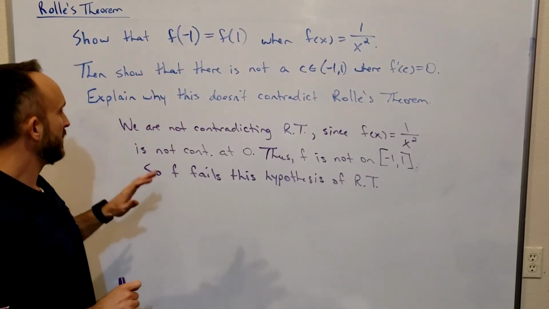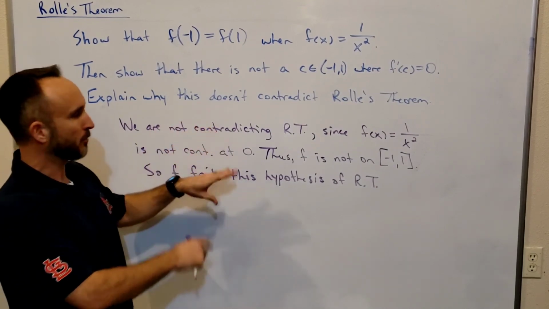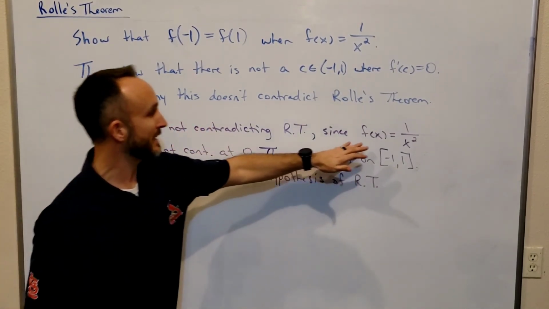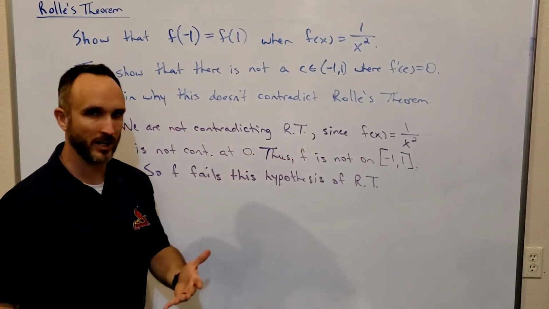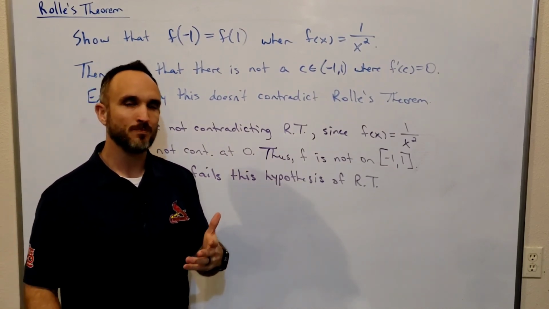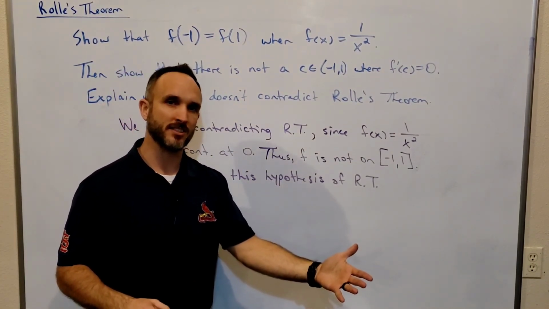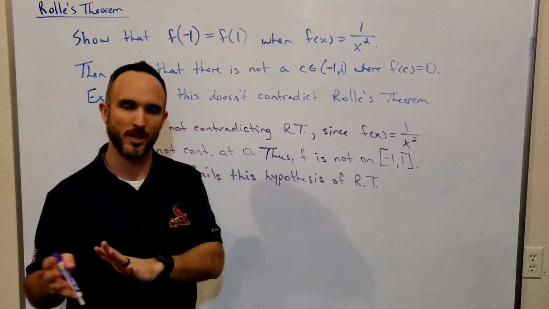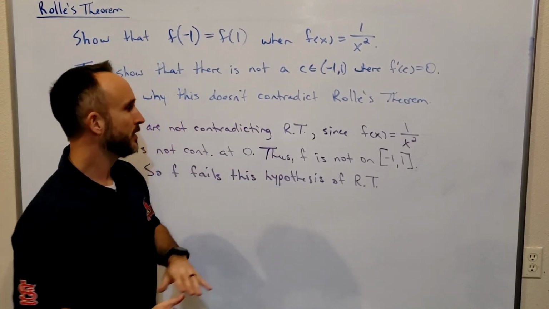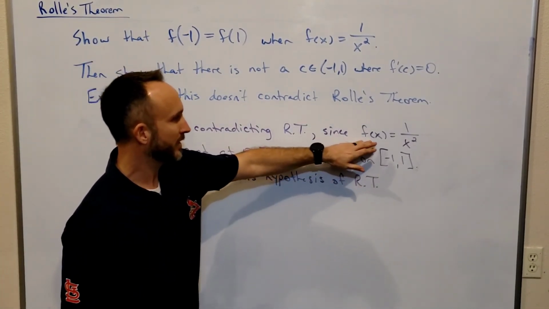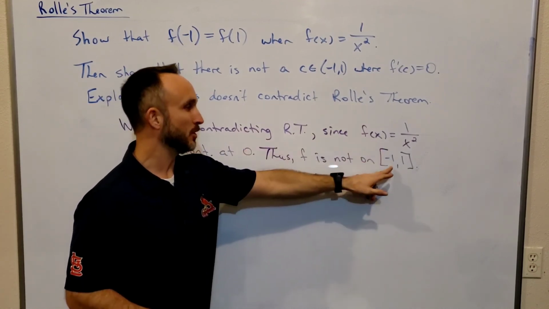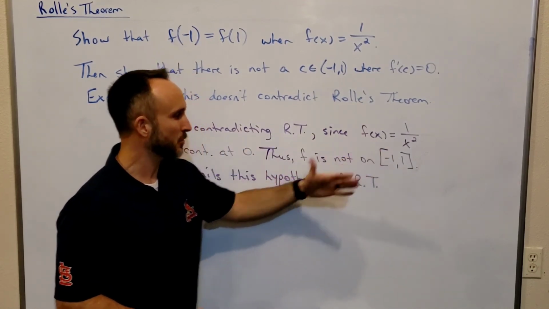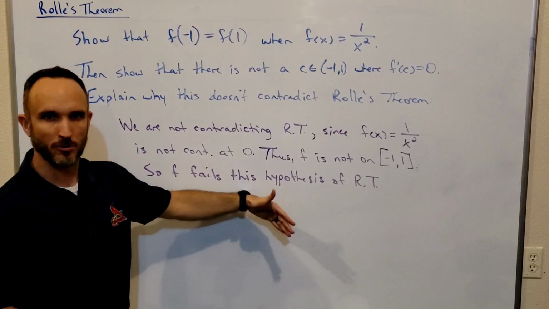So sometimes when you do a problem like this, your function might be continuous on the interval. That could happen. But you've got another hypothesis as well. The function has to be differentiable on the open interval. So you may have to look at your derivative and see that it's not differentiable on the open interval. And in that case, you're not contradicting Rolle's theorem either.